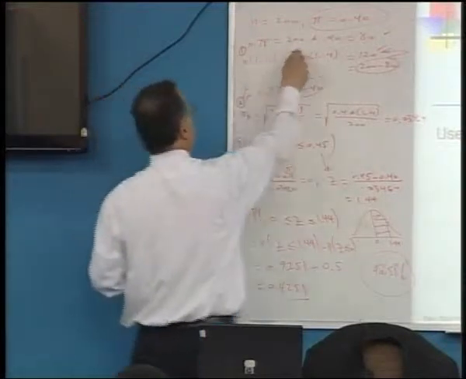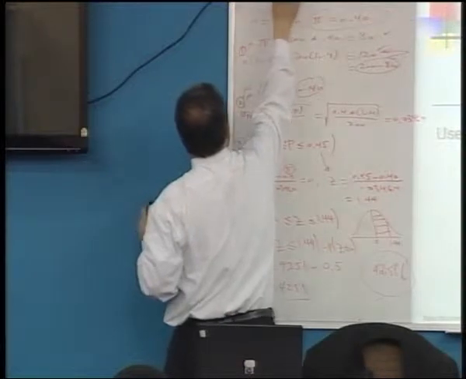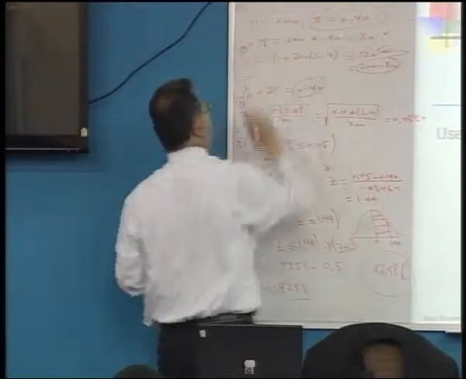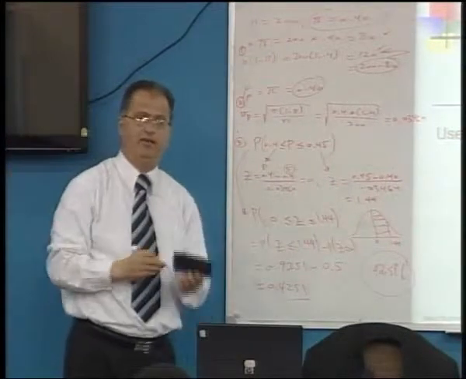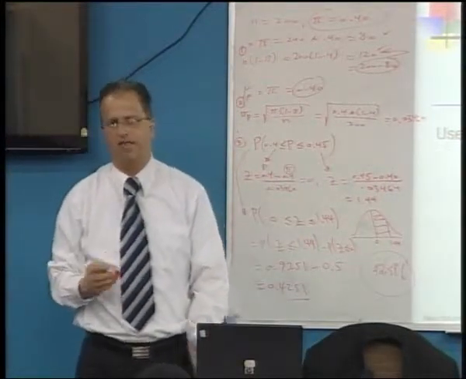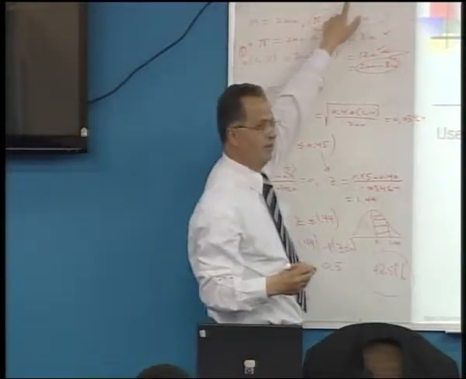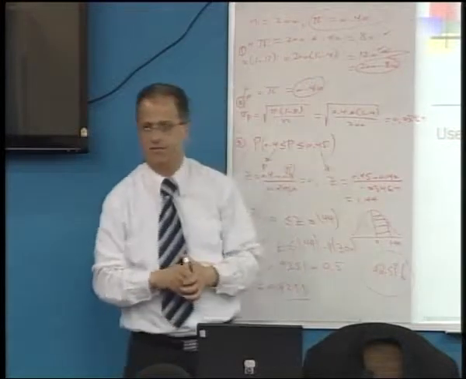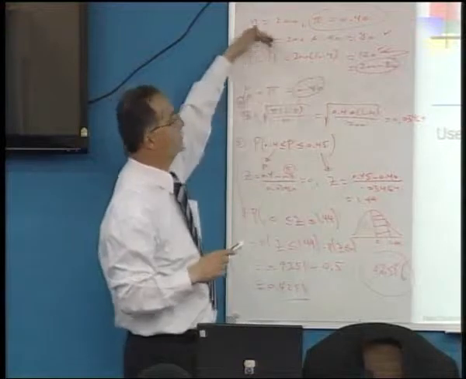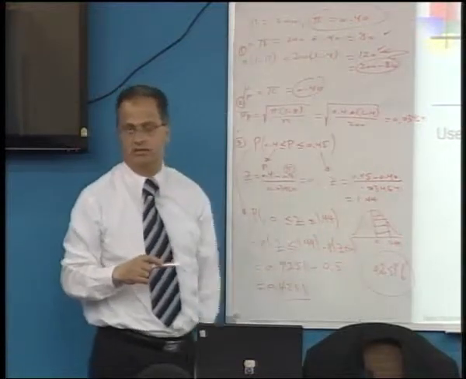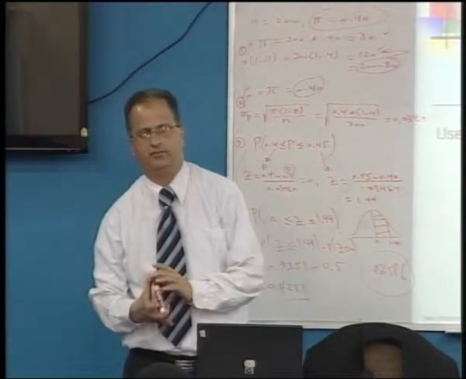So this condition is not satisfied because n times pi is just 2. So you cannot use the z-score because it should be at least 5. So even if the sample size is large, maybe one of the conditions is not satisfied because you have a small true proportion. If the true proportion is very, very small, in this case you have to increase your sample size. Make sense? Any question?